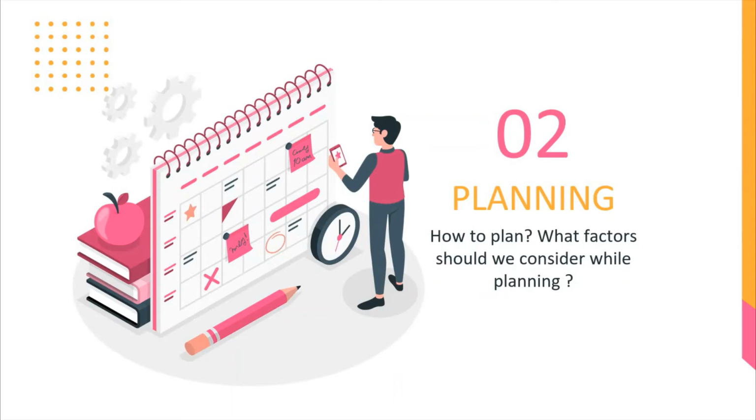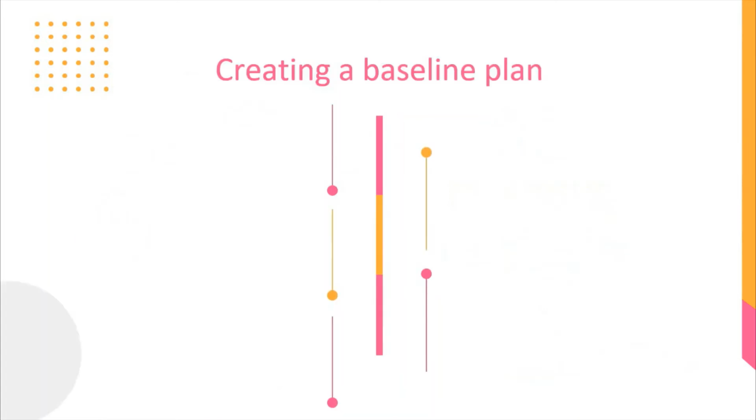If we are doing good, if we are doing okay, if we are doing bad, if we will be able to complete the project within the time period, we have nothing. So that's why we need to plan our action, because it works as a reference. So what is the main use of planning? It acts as reference. Let's discuss how we can create a baseline plan.